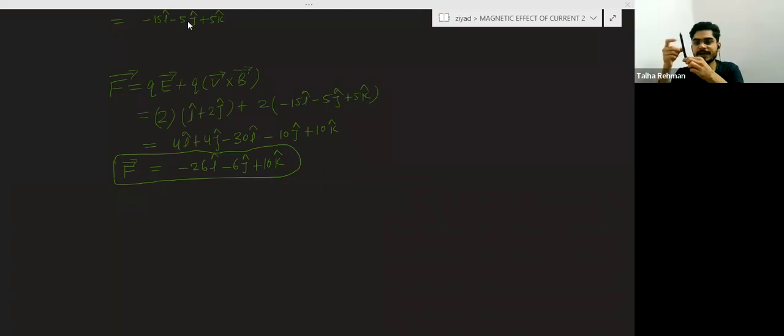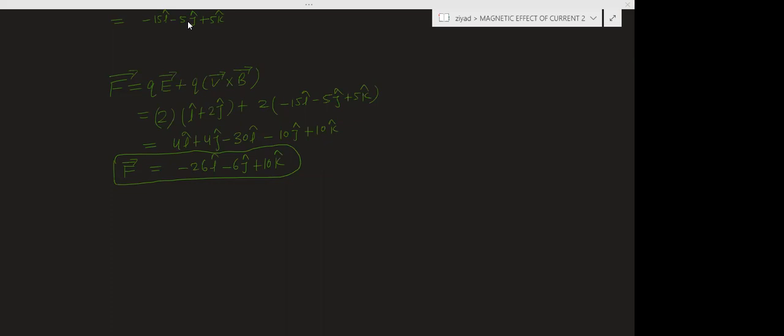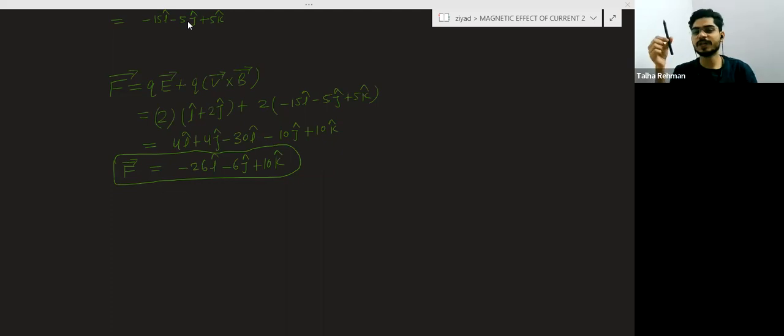This current carrying wire has the current, and it has charge carriers inside it. Charge carrier means these current carrying wires have free electrons as charge carriers. So you can imagine this current carrying wire as charge carriers moving along the direction of the current or opposite to the direction of the current if you are taking the electrons.